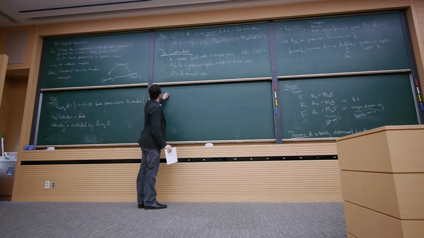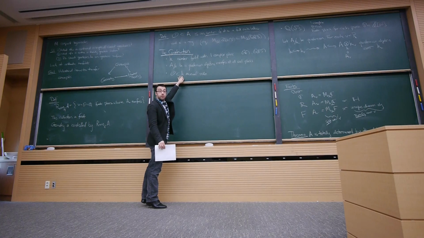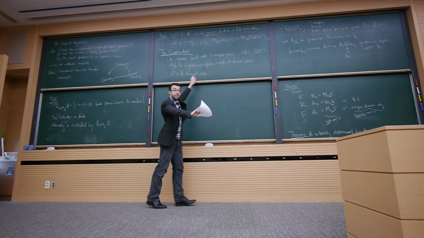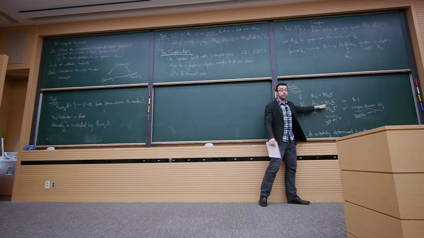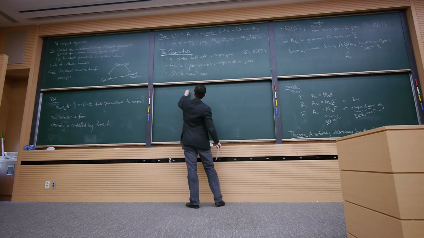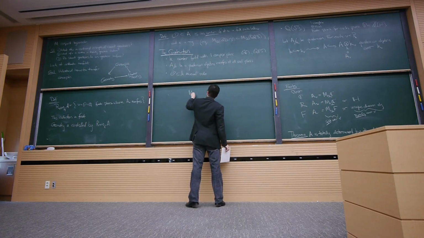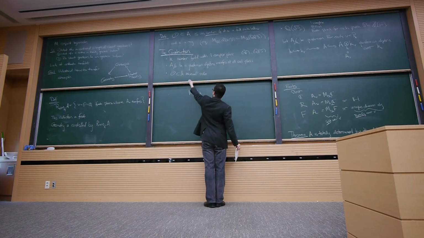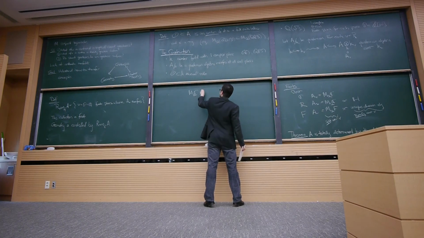So, since this guy sits inside of A, it's going to sit inside of the diagonal embedding of all of the completions, right? So you look at this guy and you look at its completions. The first completion is going to have to be M2C, and then all the other completions at all the other real places are a bunch of SU2s.